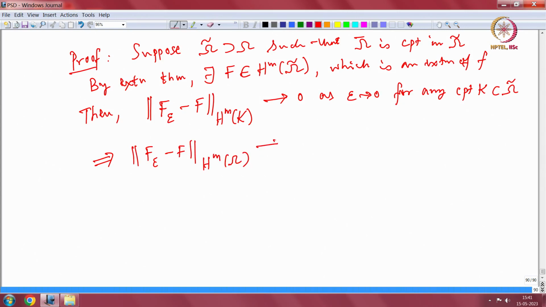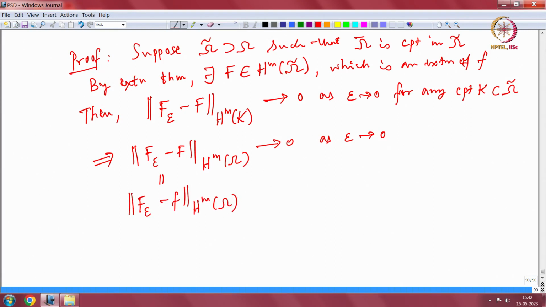So this tends to 0 as epsilon tends to 0. But this F is an extension of our given f, so F epsilon minus f tends to 0.